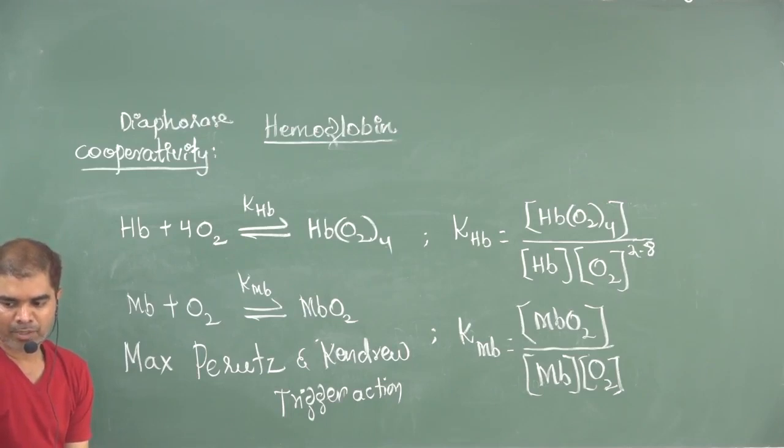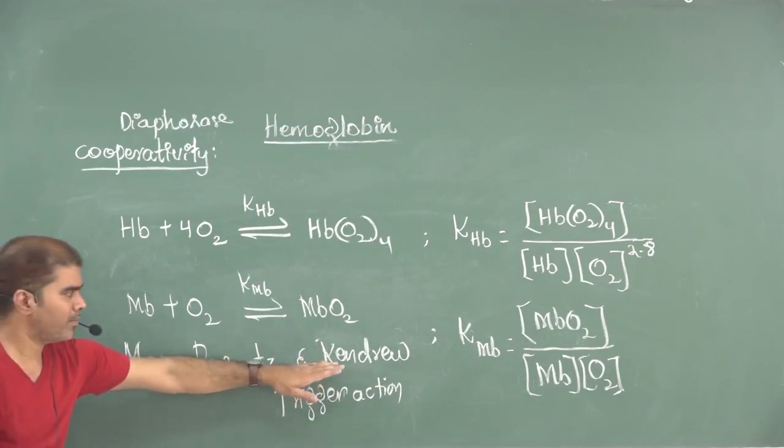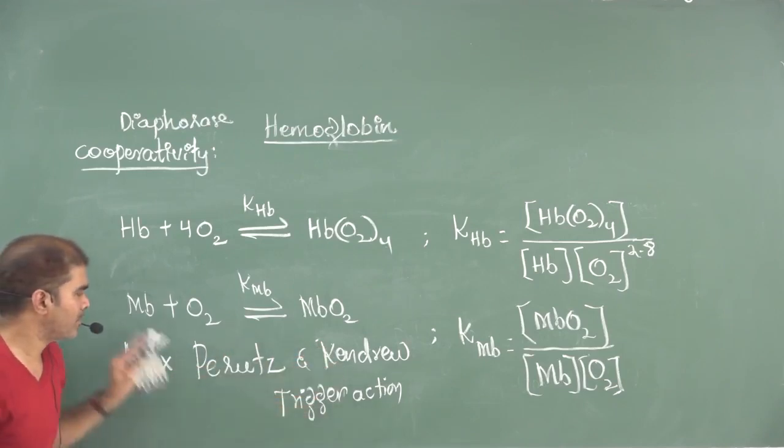So the structure of myoglobin was known. With the help of myoglobin, hemoglobin is known due to these two persons, Perutz and Kendrew, for which they got a Nobel Prize.